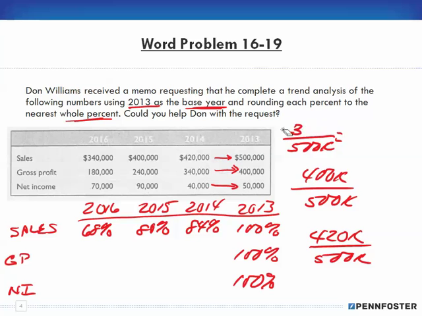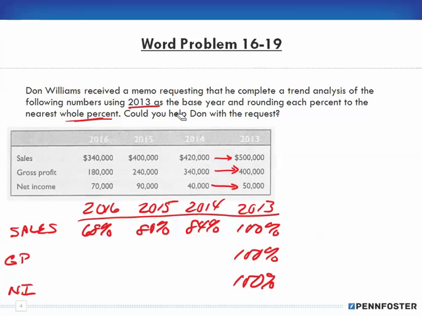And that's basically all there is to this. It's just doing that repetitive math. So for the gross profit, we have 180,000 divided by 400,000, and that gives us 45%.